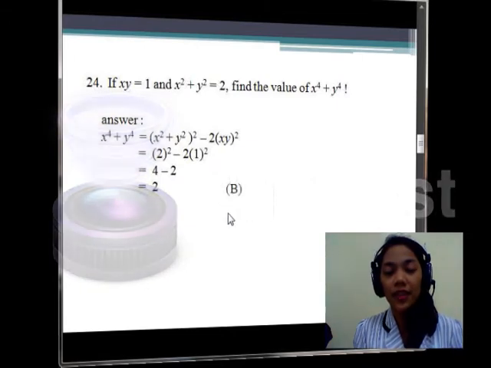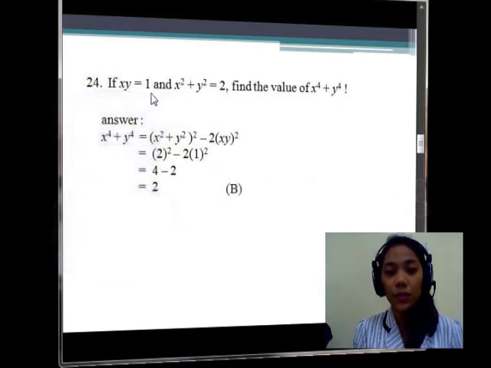Number 4. If xy equals 1 and x squared plus y squared equals 2, find the value of x to the power of 4 plus y to the power of 4.